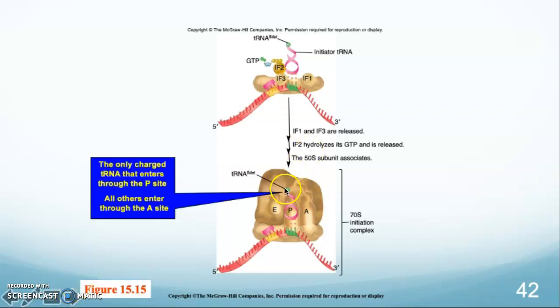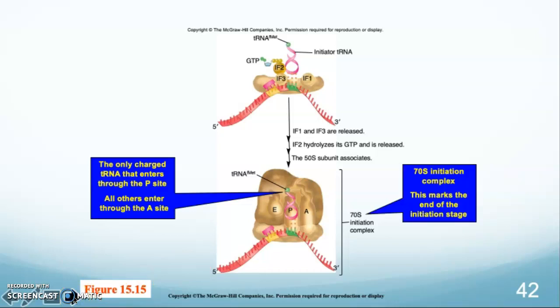In this case, that charged tRNA will enter at the P site. This is the only tRNA that actually enters at the P site. From this point on, all the rest will come in at the A site and then have the amino acid attached to it from there. So only the first one will start at that P site.